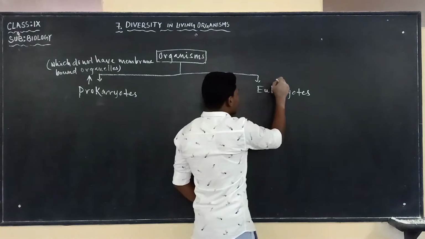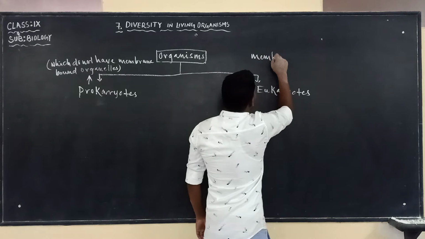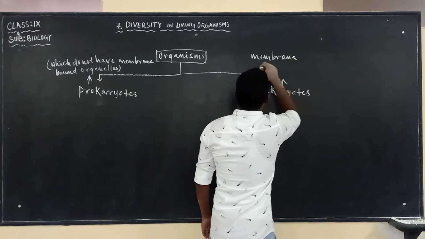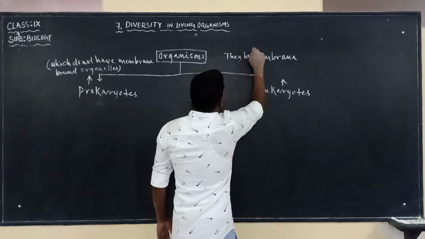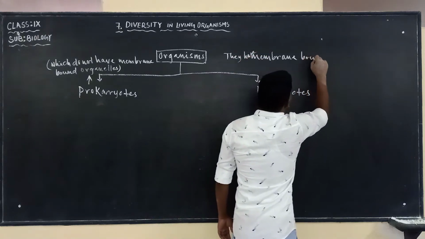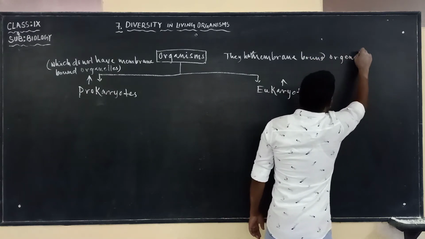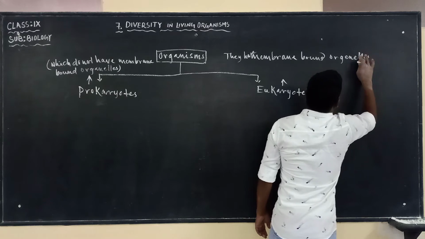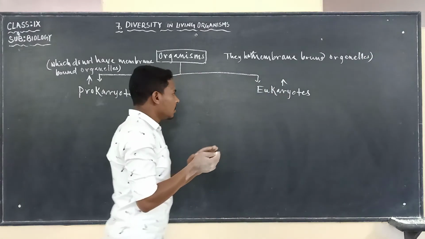Whereas these eukaryotes, they have membrane bound organelles along with a distinct nucleus.